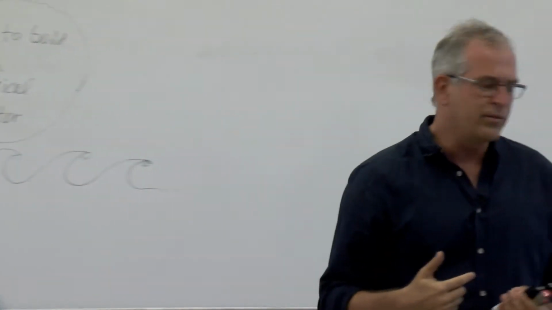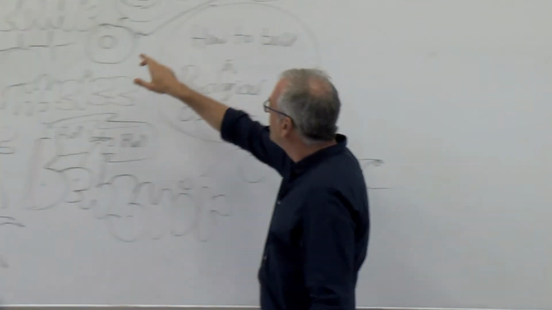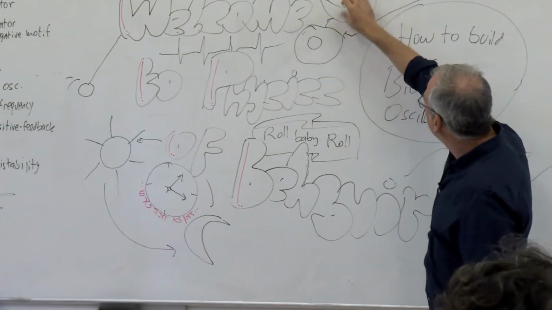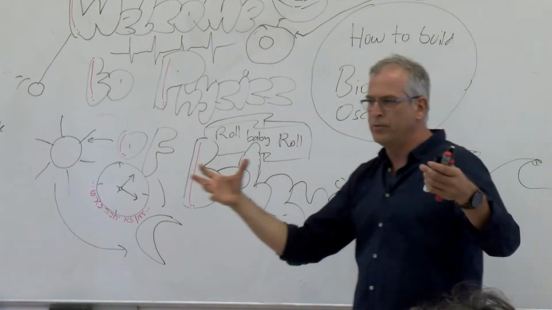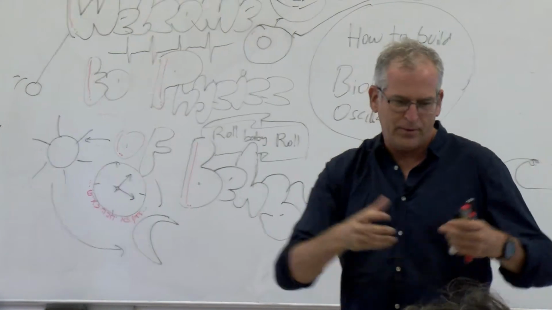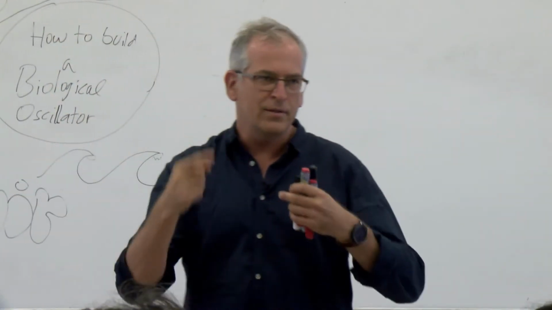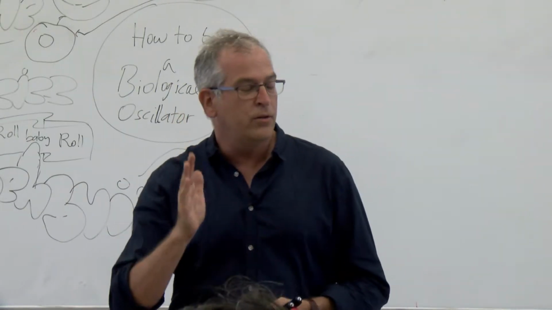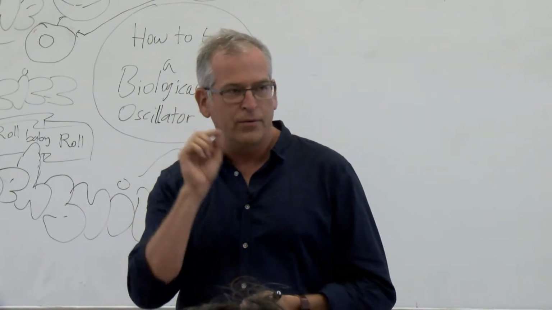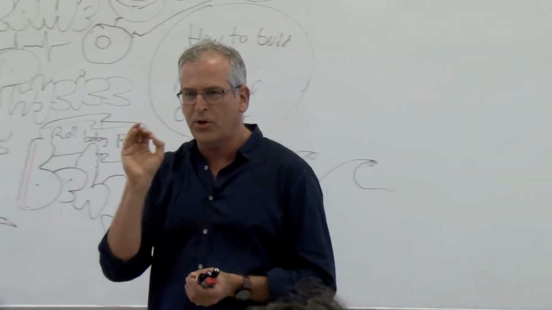We have cell cycle oscillators. If we have a single cell, at a certain point it divides its chromosomes, turns into two cells, and so on. When an embryo divides into all the cells to make a baby, there are billions of divisions like that with a very precise time scale. There are neuron spike trains. If you record a neuron, it sounds like that.